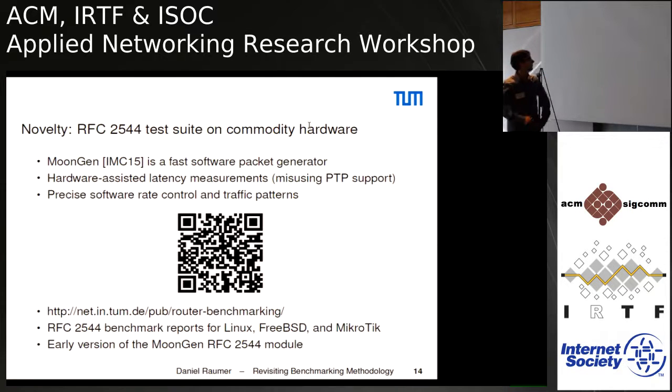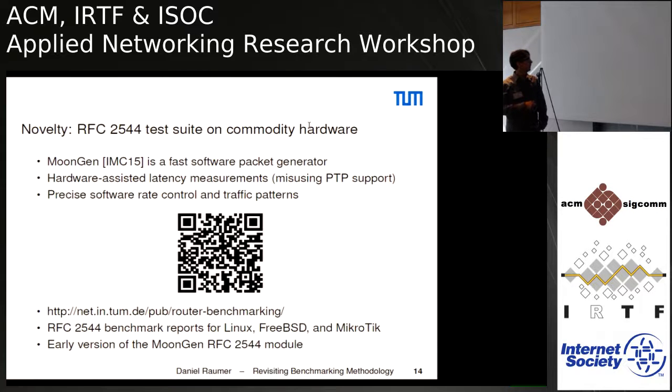In the case study we performed, we not just benchmarked software devices, but we also used a software device that runs on commodity hardware to benchmark our devices. We did this with MoonGen, which was not a novel thing in this paper, but was published last year in a paper. MoonGen is able to use hardware assist of network cards.